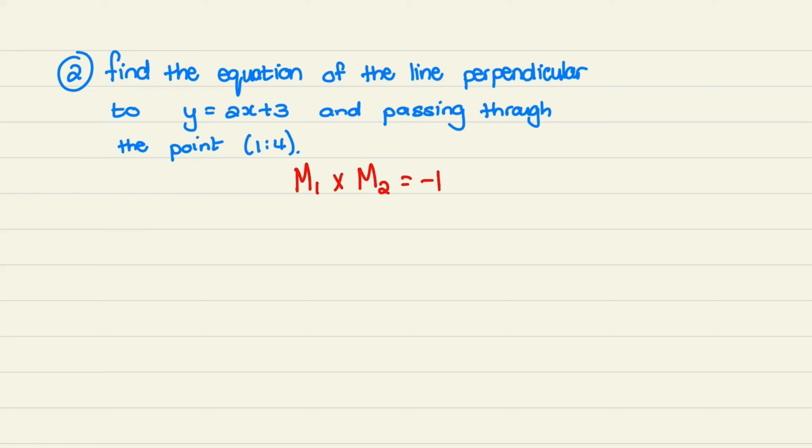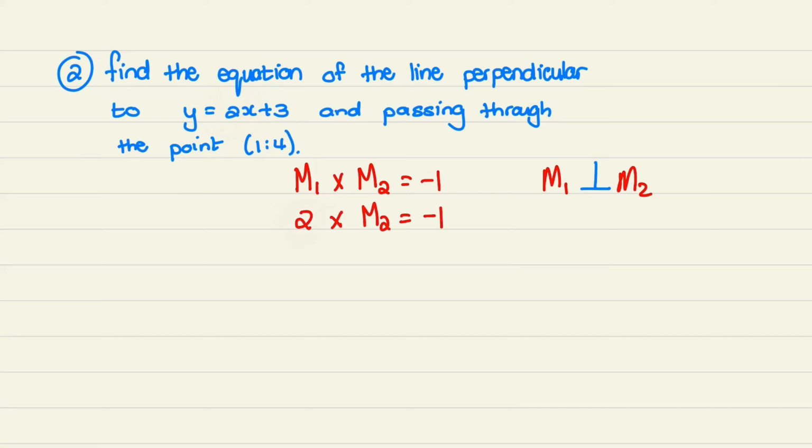So let us quickly review what we have already learned. When we have the gradient of one line and we multiply it with the gradient of a second line, and that product is equal to -1, then line 1 is perpendicular to line 2. So from the equation given, we already have the gradient of line 1, which is 2.